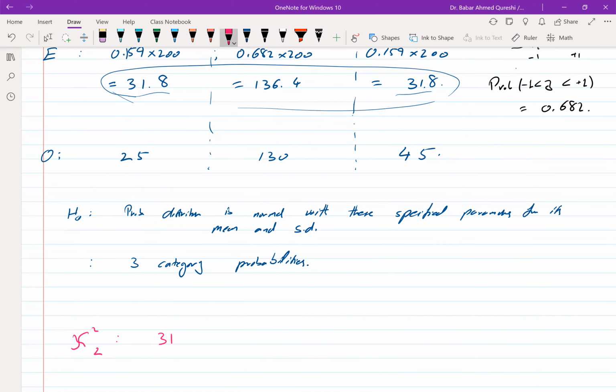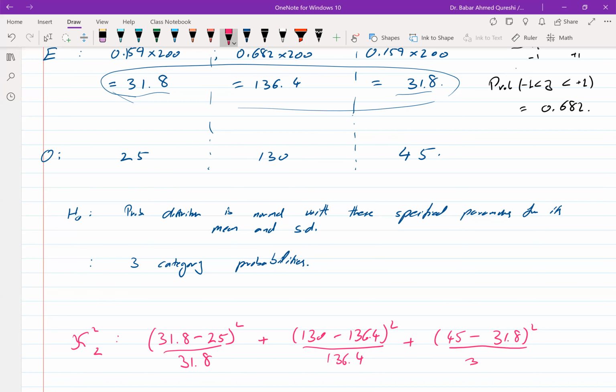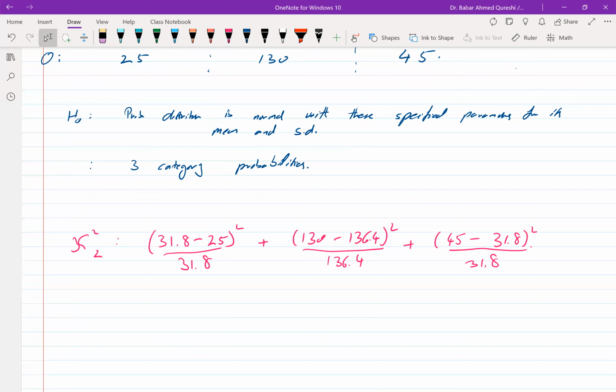Looking at these columns, (31.8 minus 25) squared over 31.8, plus (130 minus ...), and when I compute this, I get 1.45, then 5.51, then 7.26.